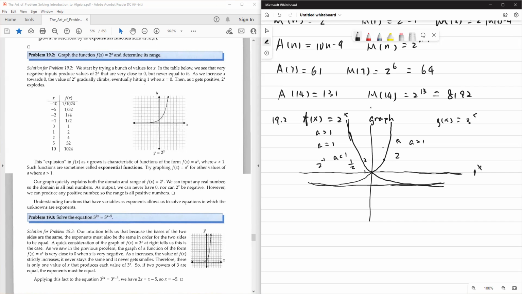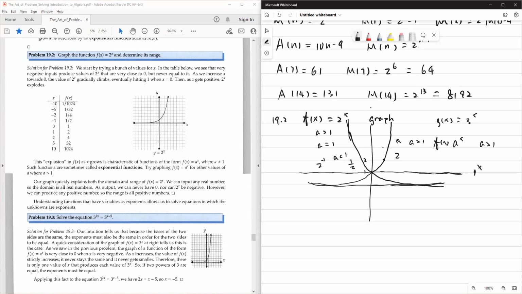You basically just switch the sign of x, and they're like mirror images of each other, just on different sides of the graph. So because of that, a equals 1 is a trivial case. We don't need to study it. A less than 1 is just the symmetric mirror image of a greater than 1. So we only study a to the x when a is greater than 1.